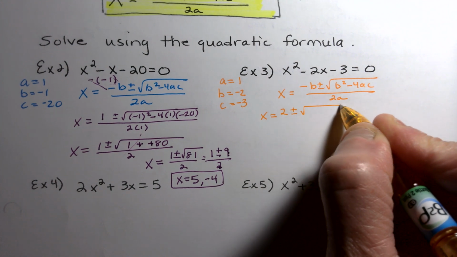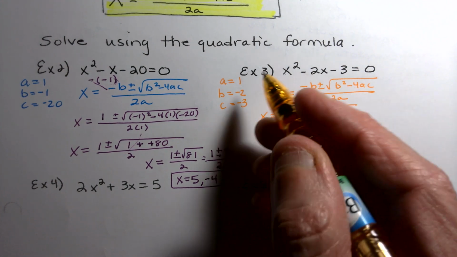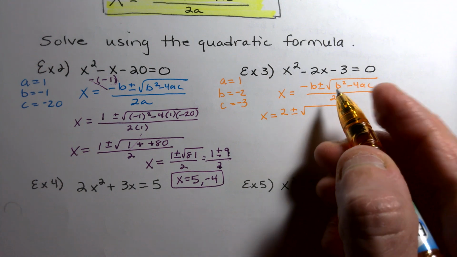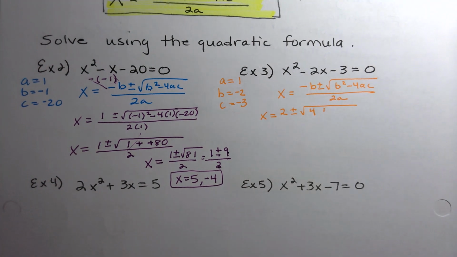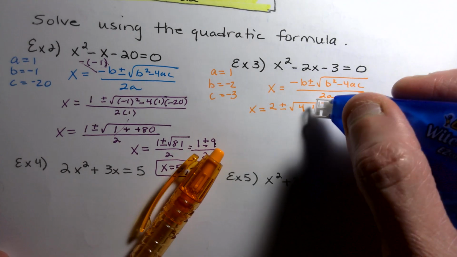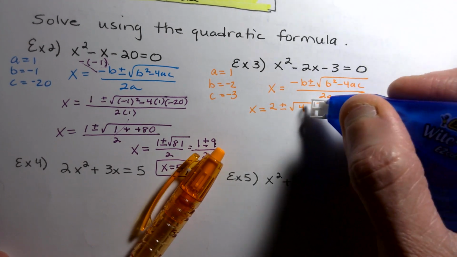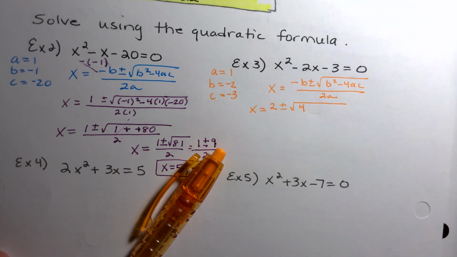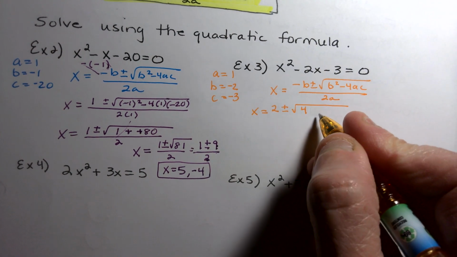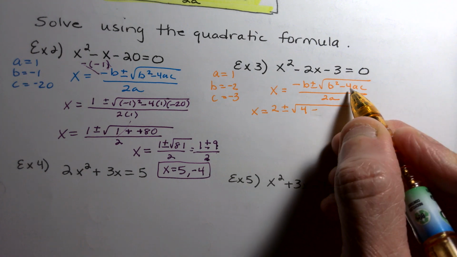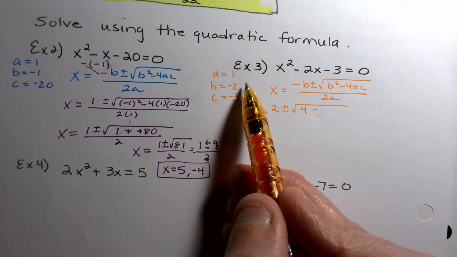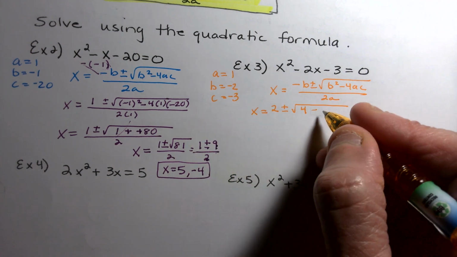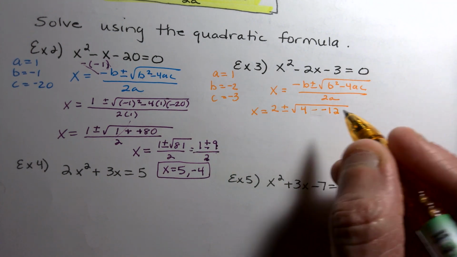Plus or minus square root of B squared. So what is negative 2 squared? 4. Plus, I'm sorry, not plus. Okay, minus 4 times A times C. So 4 times 1 is 4 times negative 3 is negative 12.